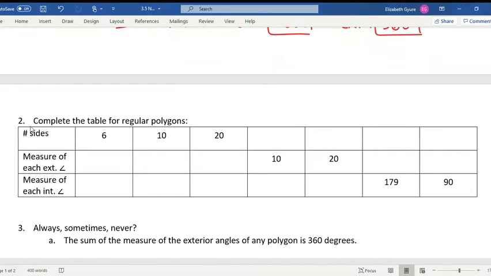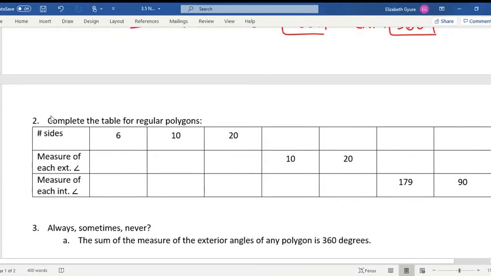For number 2, it says complete the table for regular polygons. If I give you the number of sides, I want you to find the measure of each exterior angle and each interior angle. That means just one, and then we're going to work backwards from some of them as well. So if this is a regular polygon, then we know everything's going to be congruent.